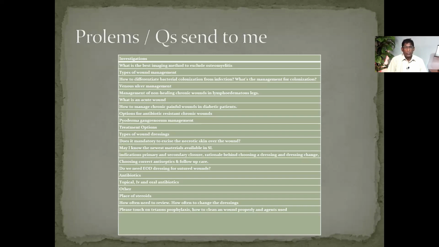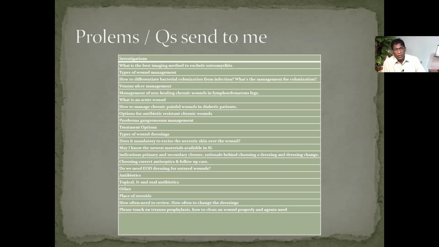White cell count, ESR, and X-ray findings of lucent areas with sclerotic edges and periosteal reaction can be seen in osteomyelitis patients, and CT and MRI are more helpful. But to answer this question, the radioisotope scan is the best imaging method to exclude osteomyelitis.